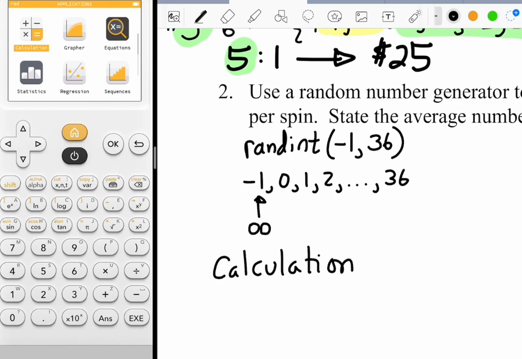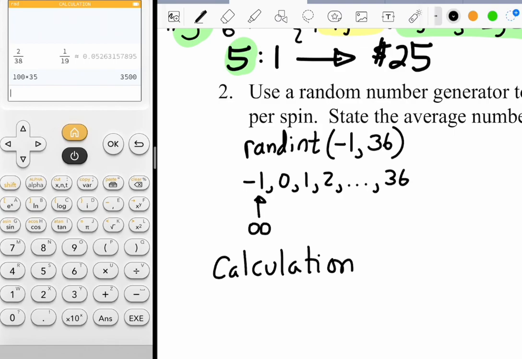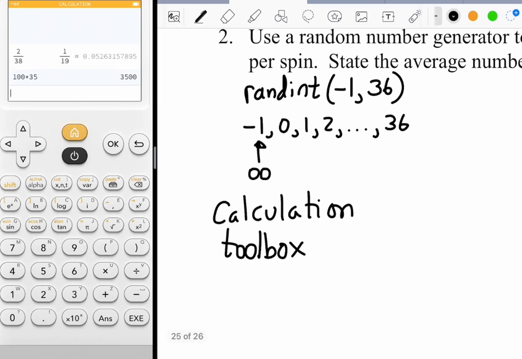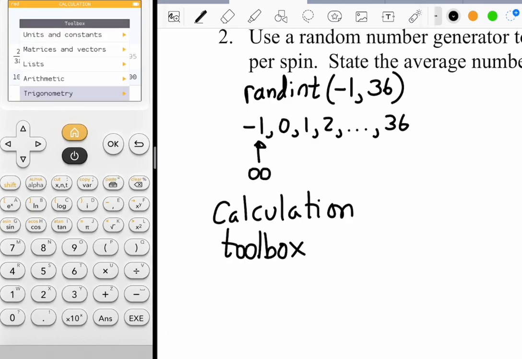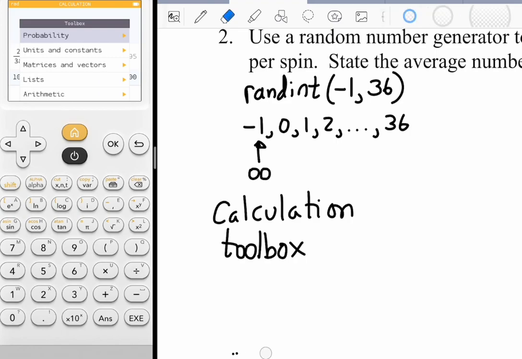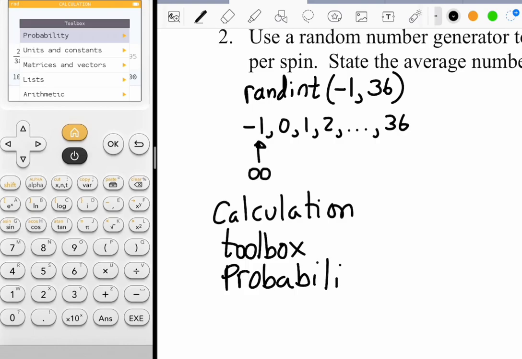All right, calculation. Then we go to the toolbox. Talked about this last time. Go to probability. Yeah, we've been in a probability menu in this class. So probability. Random.